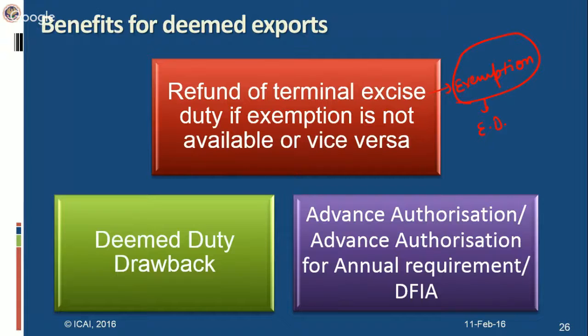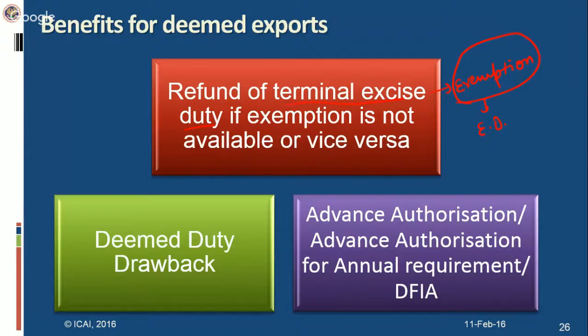In this case, there is a special point. Here we have used the term terminal excise duty. I will explain what terminal excise duty is. If he is eligible for exemption of the terminal excise duty on the final product which he has supplied to the exporter, then he has to claim that exemption. He cannot pay the duty and later claim the refund.